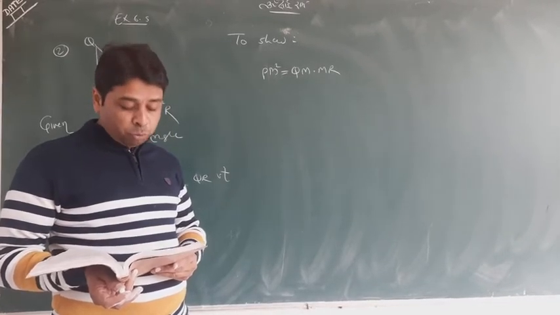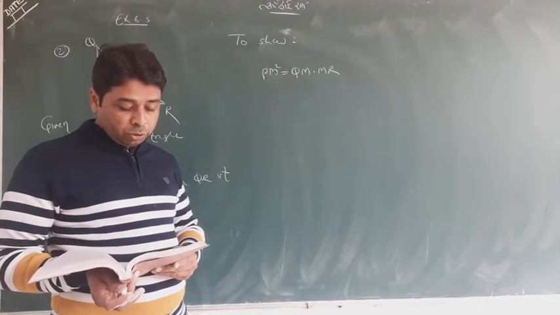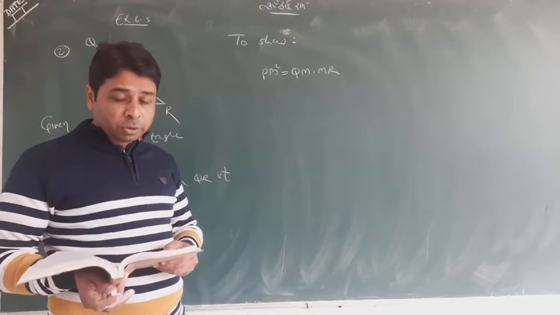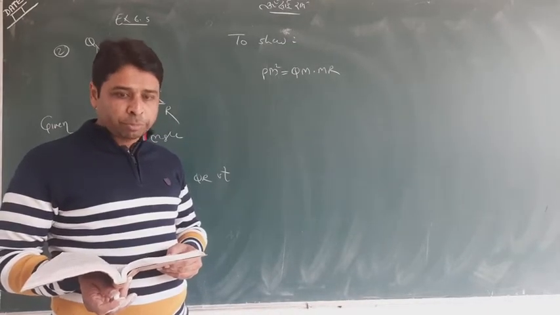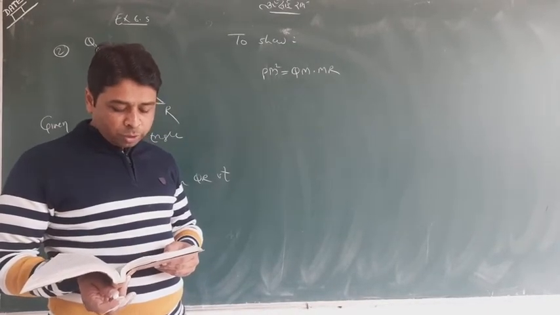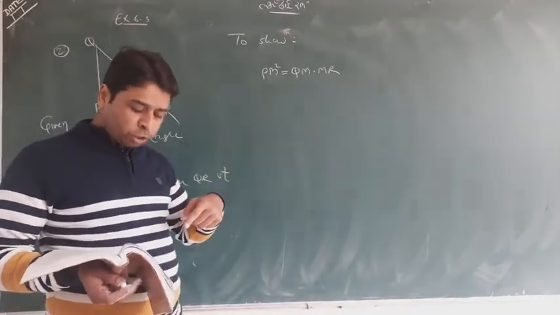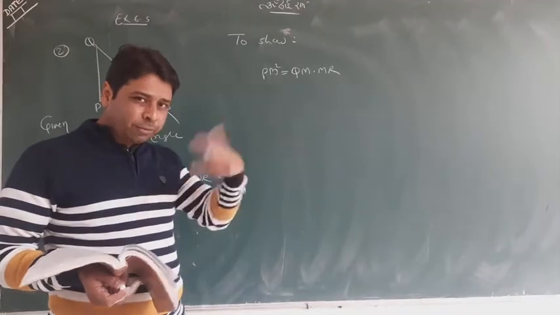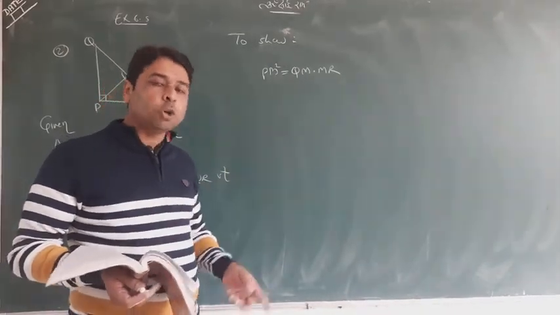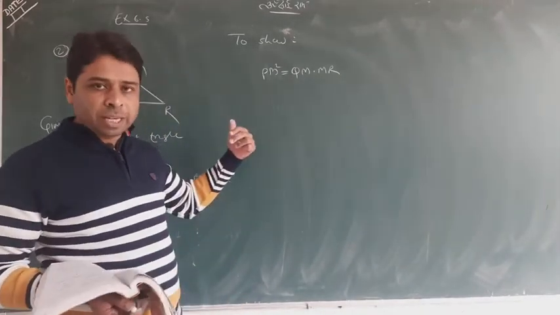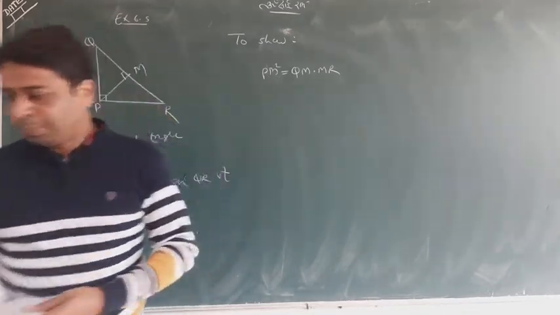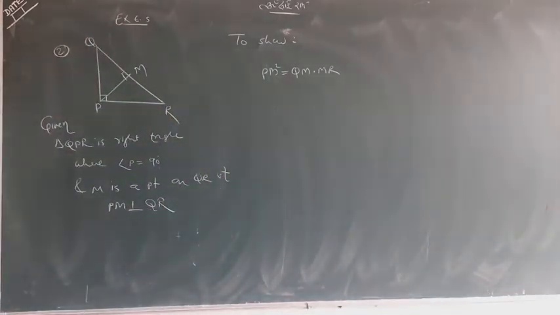It asks to prove that AC square equals BC into DC, which looks the same as here. So the job to do is the same, which I am going to tell you here.